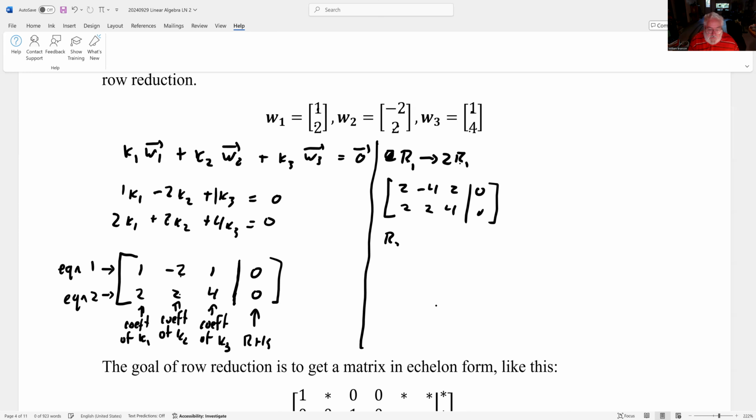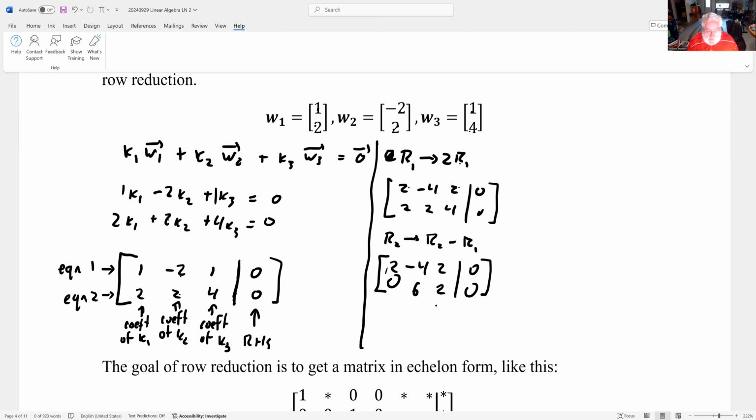Then we'll take row 2 and replace it with row 2 minus row 1. We're leaving row 1 alone, so 2, minus 4, 2, and a 0. And then 2 minus 2 is 0, 2 minus minus 4 is 6, 4 minus 2 is 2, and 0 there.